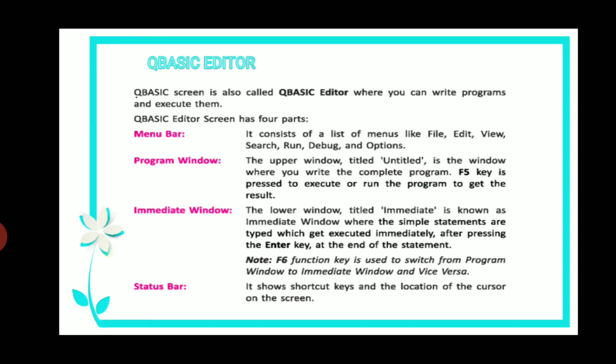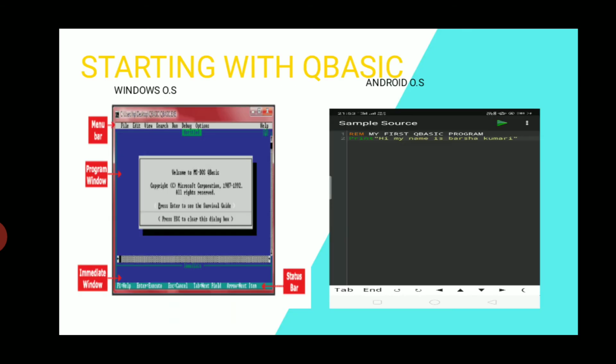To save the program in this Android application, you need to click on the 3 dots, and there the save option will be there. Save it as first.bas. BAS is the extension of a QBASIC file. The extension defines the type of the document.